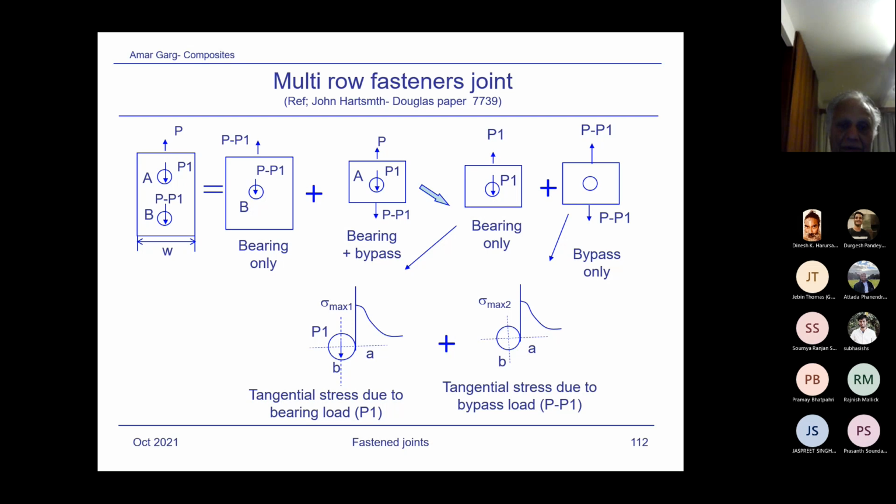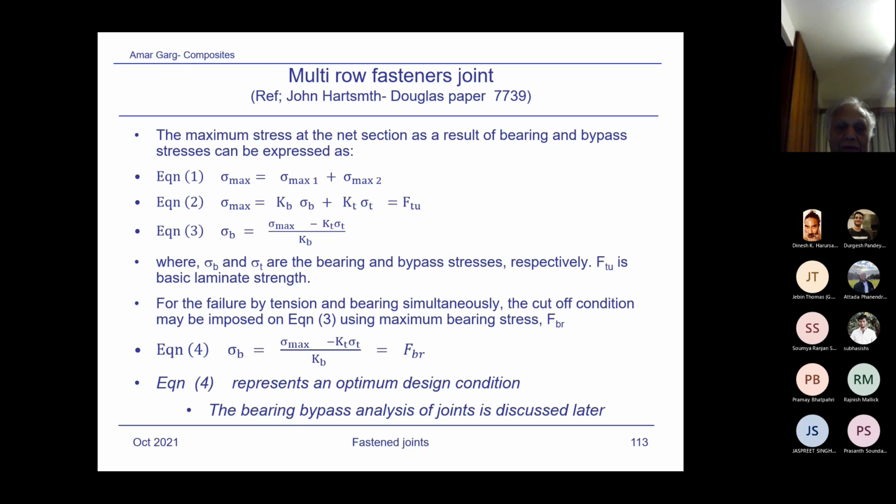Multi-row fastener joint. Similar analysis again, and I may not go into the details of this. When you have two fasteners, again bearing and bypass are added here, and the total stress sigma max 1 and 2 will be added for the bearing bypass interactions. Similarly, I have just derived some expressions here.